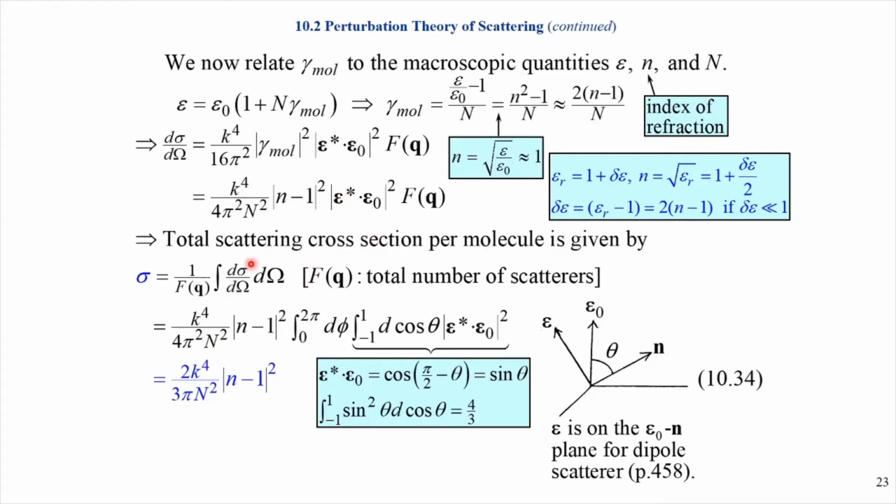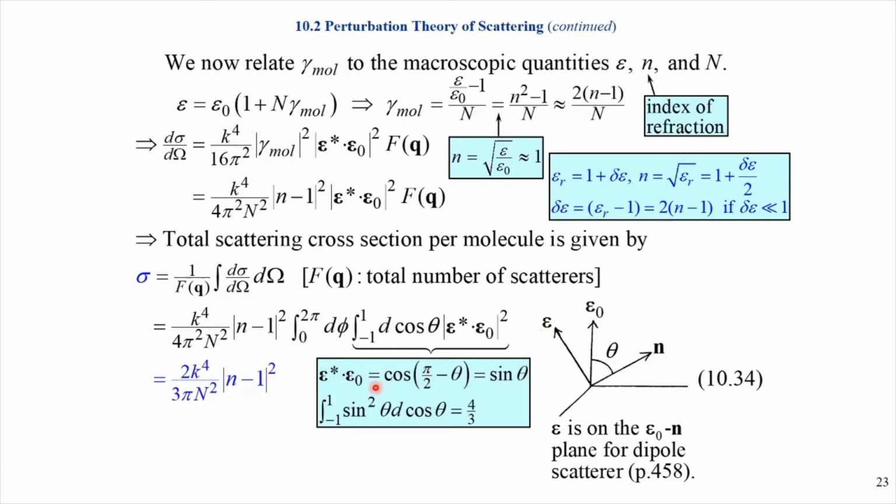Okay, for the total, we should integrate the phi dependence from 0 to 2 pi. Phi is in the x, y plane. And the theta dependence, from minus 1 to plus 1 in cosine theta, of epsilon star dot epsilon 0 squared. We have changed the notation here, and epsilon star dot epsilon 0 is the polarization of this one and this one.